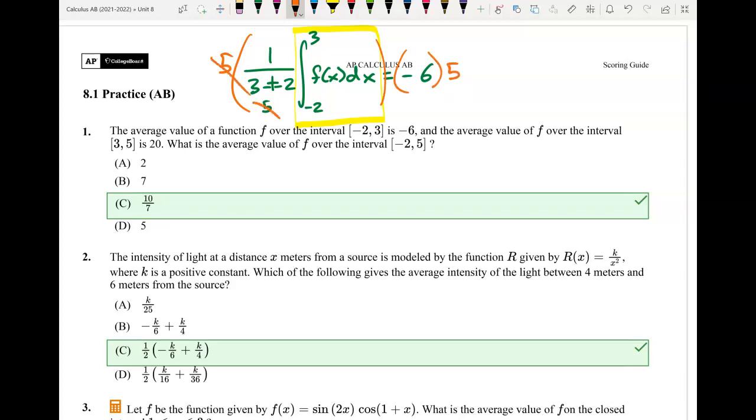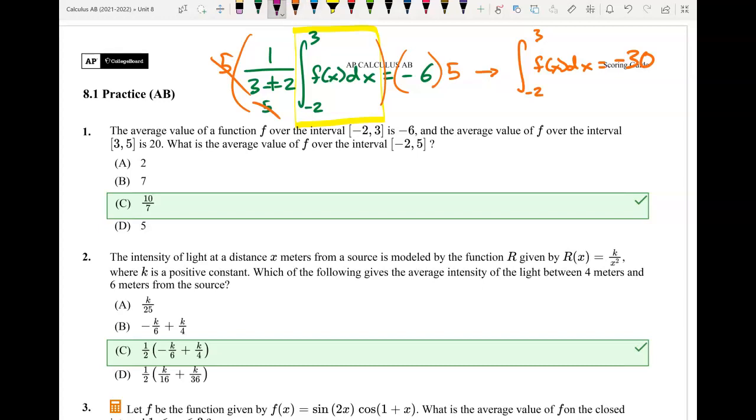And I could cancel this out. And this would tell me my definite integral from -2 to 3 of f of x dx is equal to what? -30. Again, I don't know what my function is, but I know that the definite integral from -2 to 3 is -30.